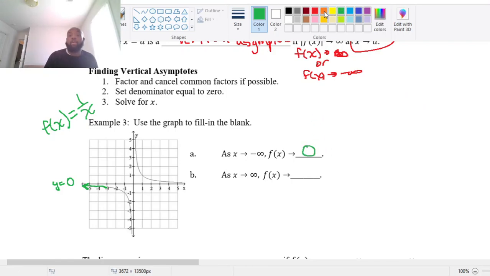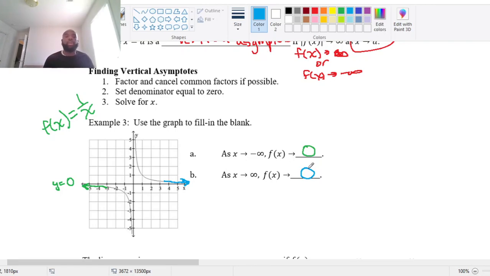All right, now when I think about positive infinity, that's the right side of my graph. As x approaches positive infinity, my x values get larger and larger. My y values are getting closer and closer to my x-axis once again, and that's the line y equals 0, so I know my functional value f of x is approaching 0. Okay, this is the end behavior.